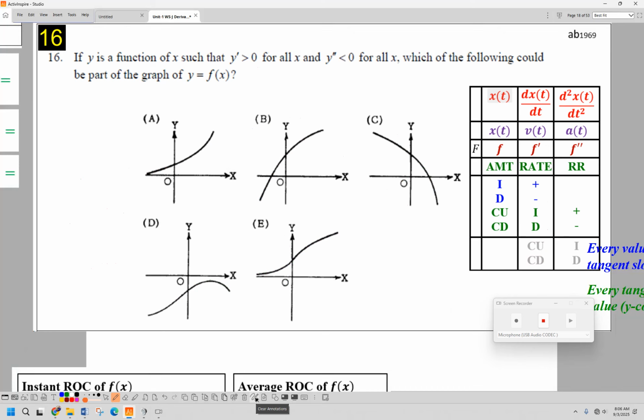So this clue would still work, but they'd have to change this clue to something more complex, like y double prime is going to be greater than 0 for all x's that are less than 0, and then y double prime is going to have to be less than 0 for all x's that are greater than 0.